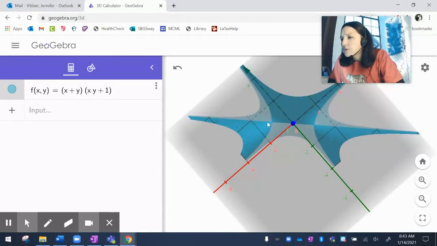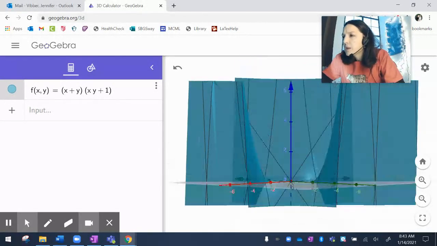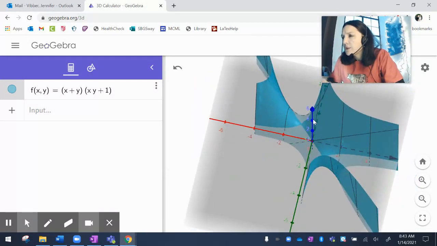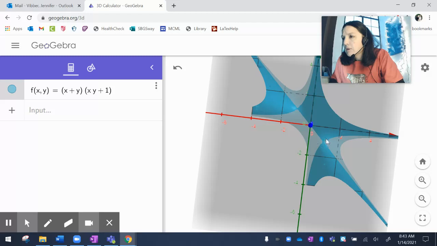It looks like I could sit right here and put one leg to the left and one leg to the right. So I feel like I have a saddle point right there. And then I could also sit over here and put my legs over left and right. And the same thing over there. I think I have 3 saddle points. So let's find out.